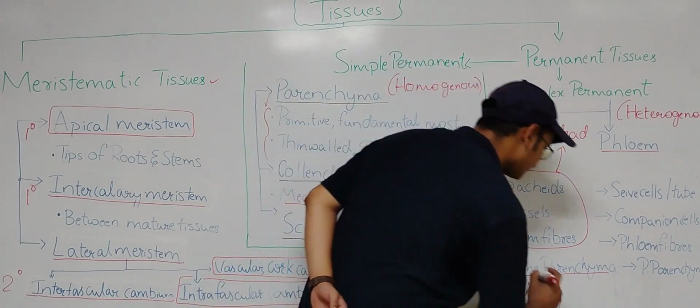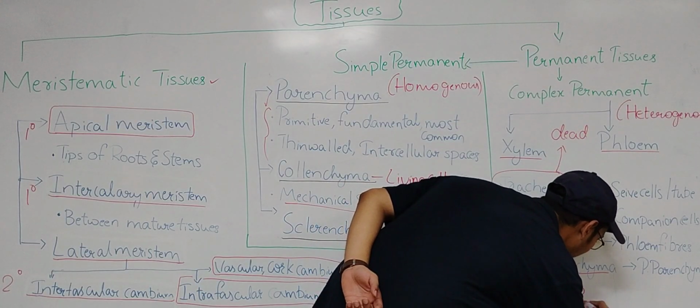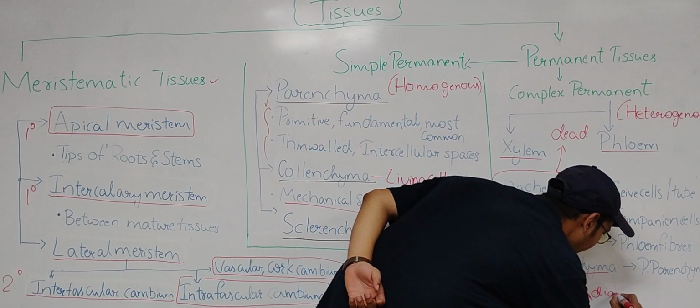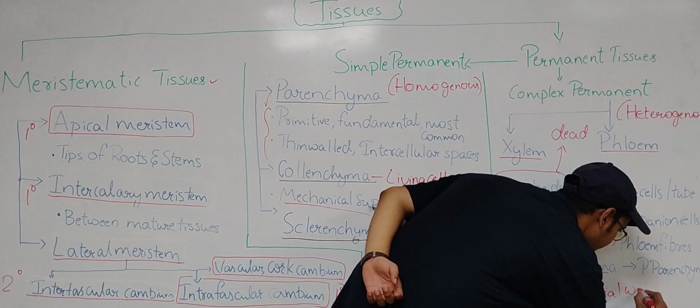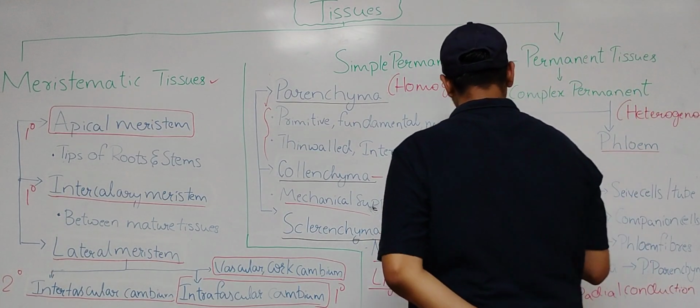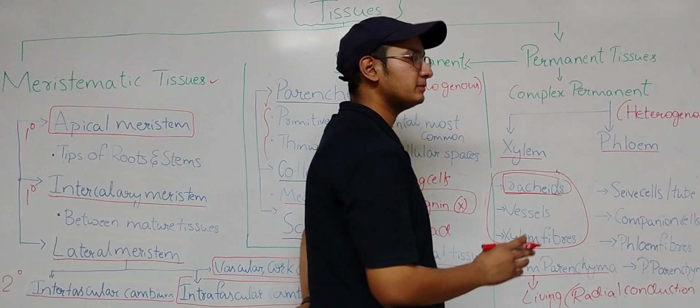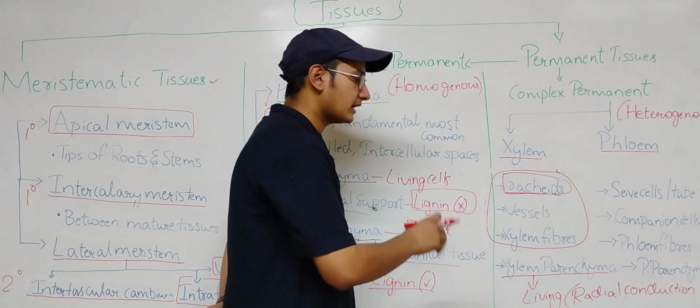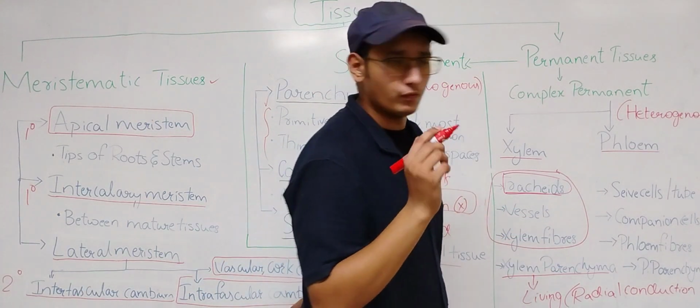The main function of xylem parenchyma is radial conduction of water.